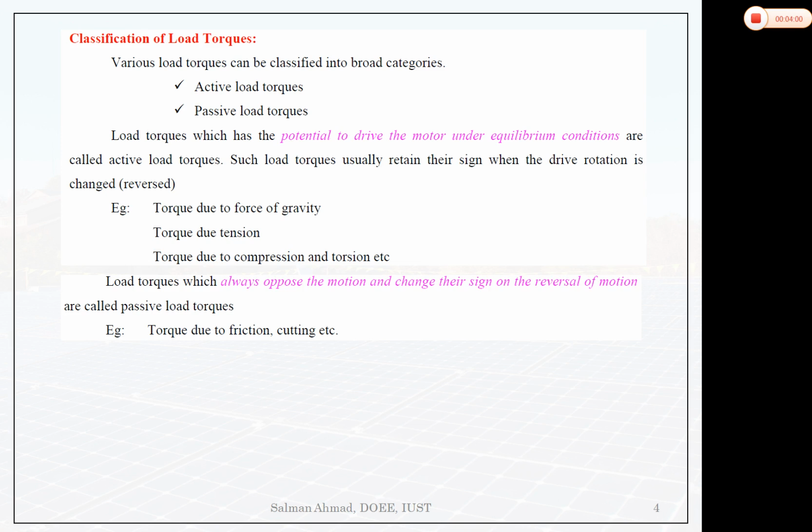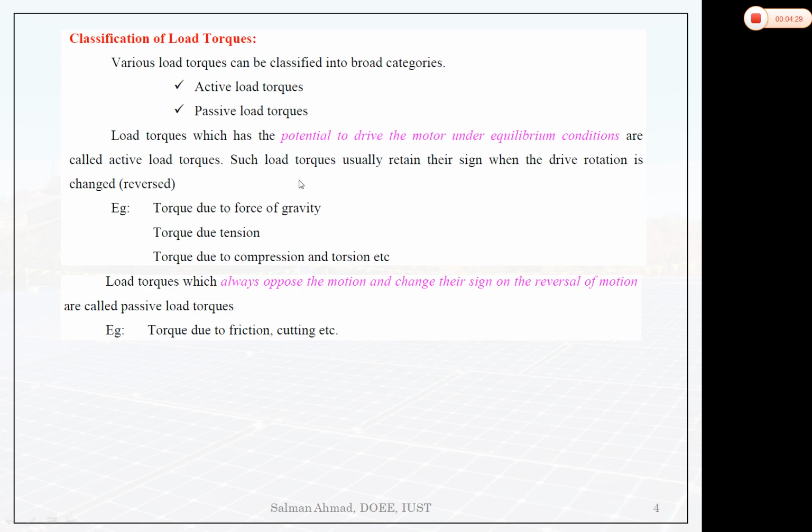Now if we classify the load torques, in broad classification we can have active load torques and passive load torques. A load torque which has the potential to drive the motor under equilibrium conditions, just like a train moving downhill, where even if the motor is off, the load torque will still drive the motor, we call an active load.